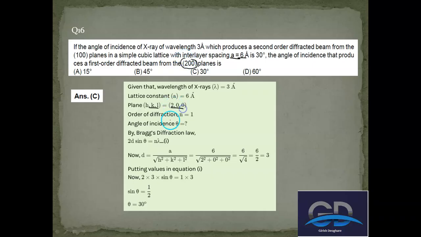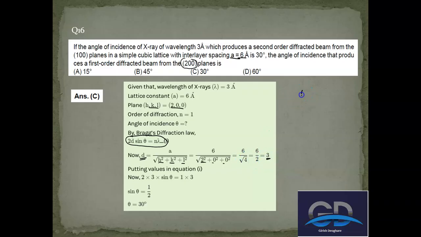From Bragg's law, we know 2d sine theta is equal to n lambda. So how do I find the distance between the two layers? That will be nothing but a upon under root of h square plus k square plus l square. Putting in the values for 200, the spacing would be equal to 6 upon root 4, which is equal to 3.